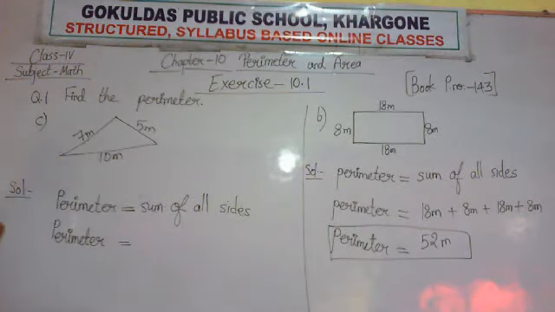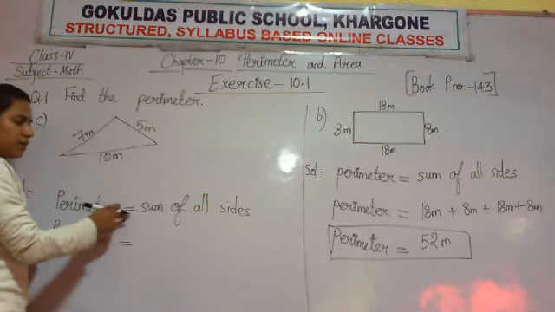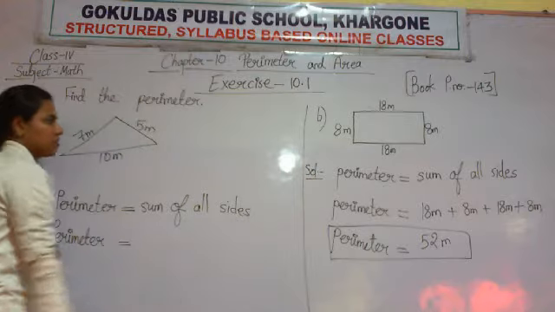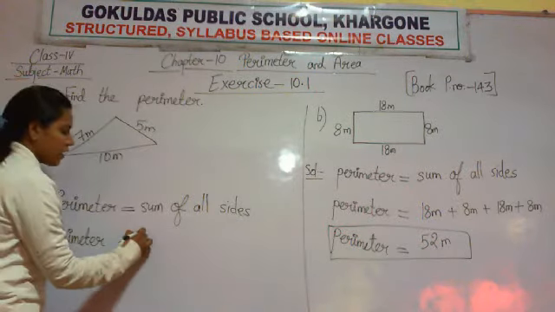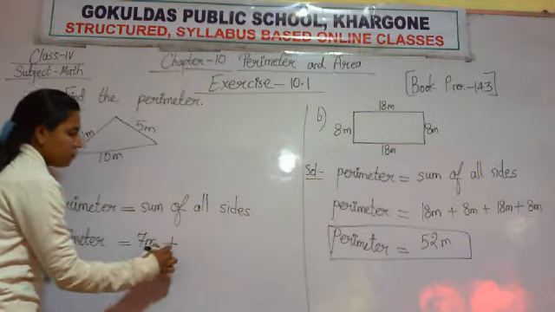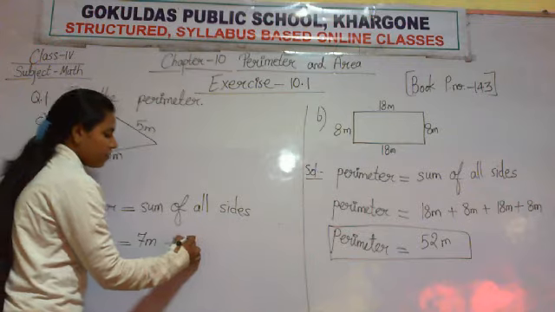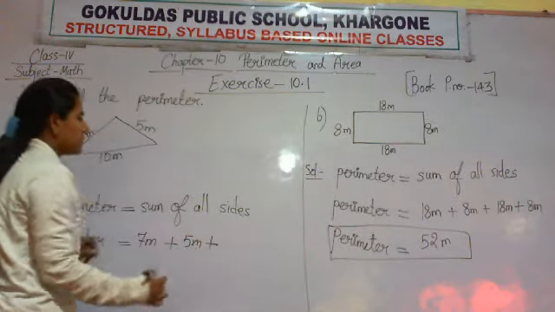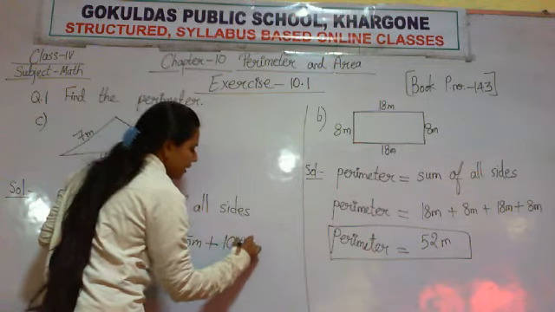You want to find the perimeter. What is the formula for perimeter? Perimeter equals to sum of all sides. First side is 7 meter, so write 7 meter plus. Second side is having 5 meter, so write 5 meter plus. Third side is having 10 meter length, so write 10 meter.